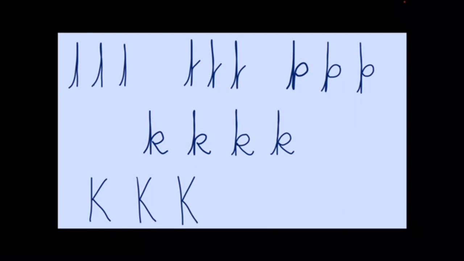And a little K, if you are printing, is pretty similar, but the lines going up and down are much lower down on the letter K. So we still have that straight line, but the slope up and the slope down are lower down on the letter. Slope up and slope down.